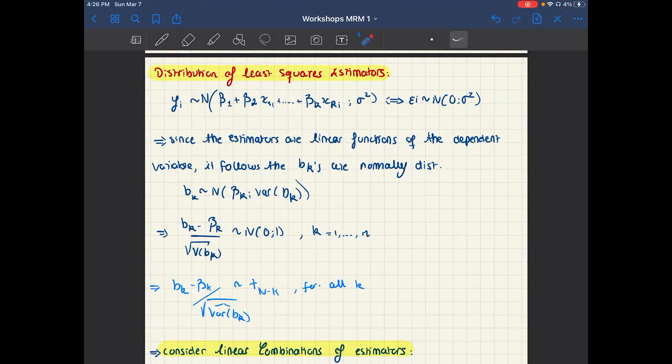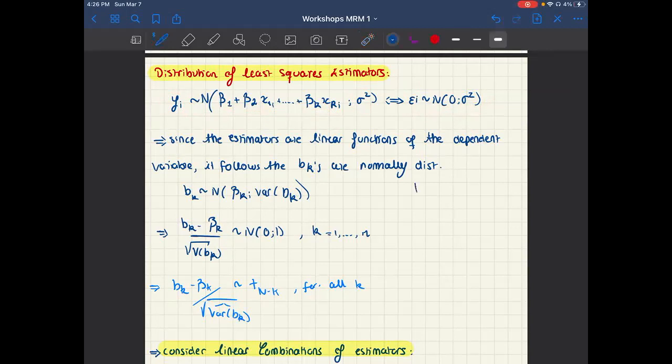We know that if the error terms follow a normal distribution with mean 0 and variance sigma squared, that will be the distribution for our dependent variable yi, with mean this and variance sigma squared. But again, as I said, the estimators are linear functions of the dependent variable.